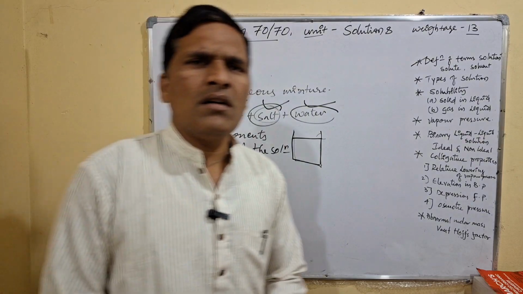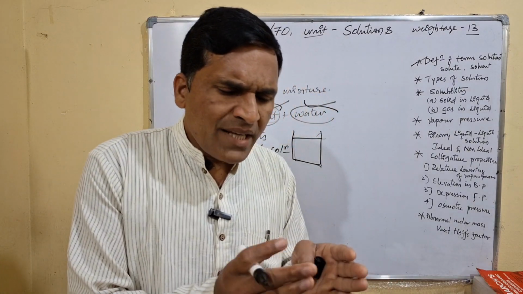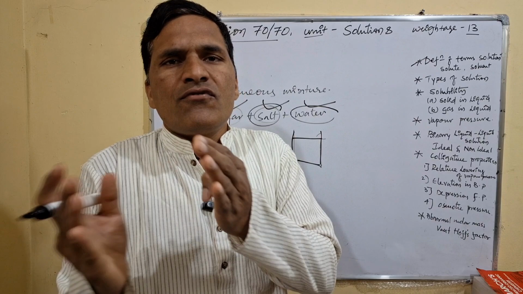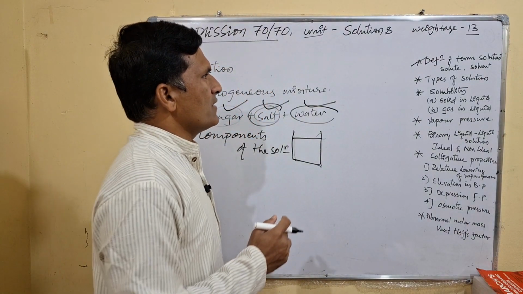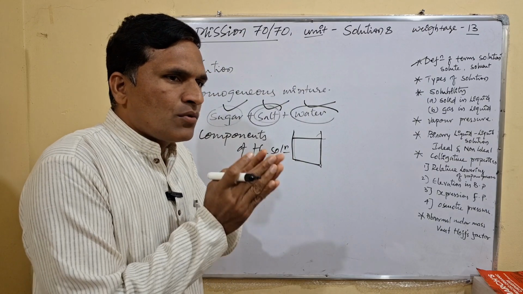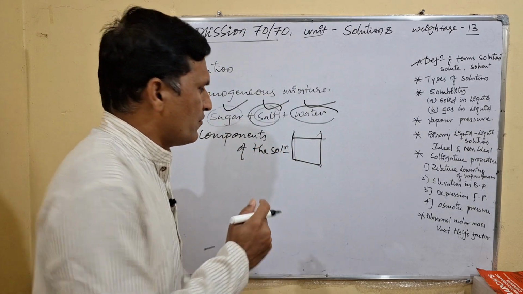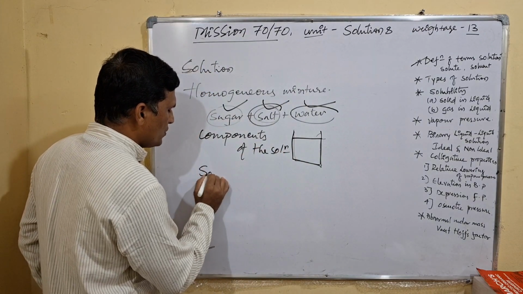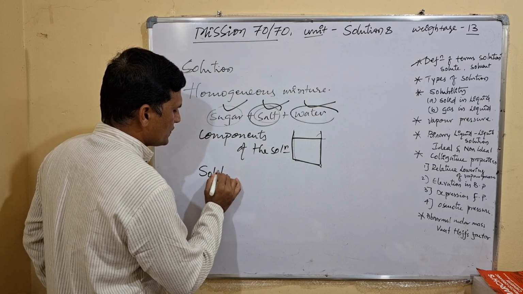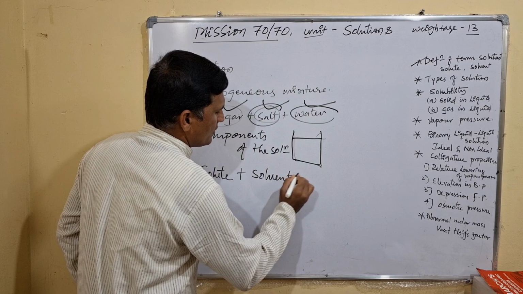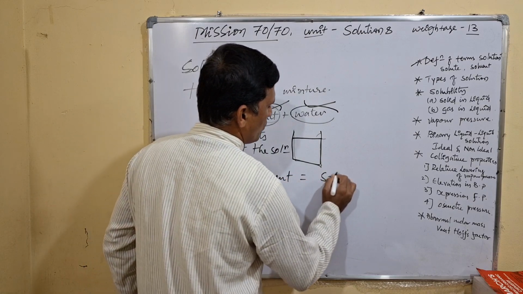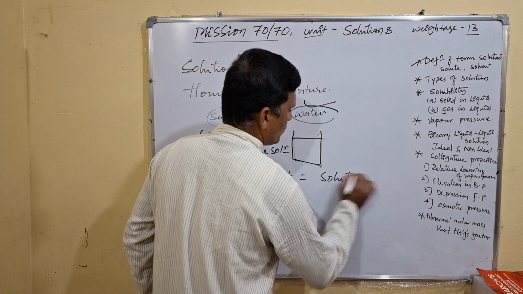Now, based on the quantity of the components of the solution, we are dividing the solution into 2 parts. One we call the solute, and another we call the solvent. Both together we call the solution.